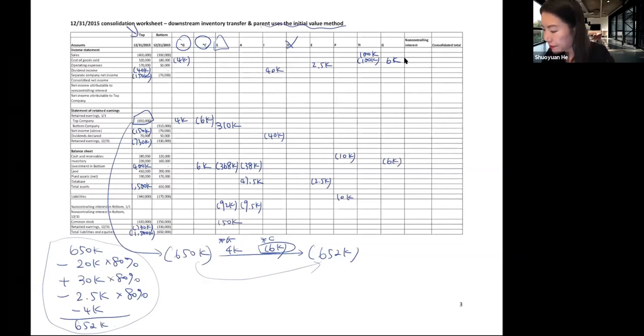Non-controlling interest. Non-controlling interest is affected only by downstream or upstream. So here, non-controlling interest is exactly the same as what you did in your page 1.